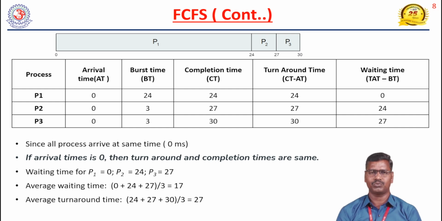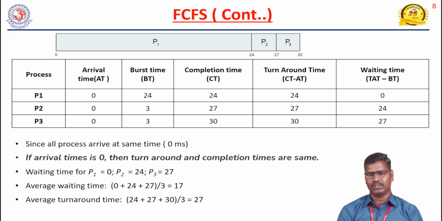The first process enters the CPU immediately, so its waiting time is 0 only. Next, how do we calculate the waiting time for P2? Same, turnaround time minus burst time. Here the turnaround time is 27 minus the burst time of 3.